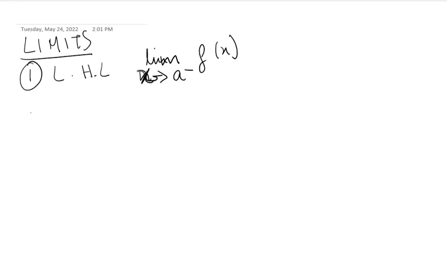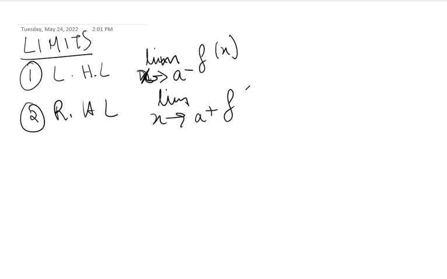Then I also taught you the right hand limit, that would be the limit of f of x as x tends to a positive. So these are a few simple things I had taught you on limits in the previous video. Today we are going to talk about the existence of limits and a little more from the topic.